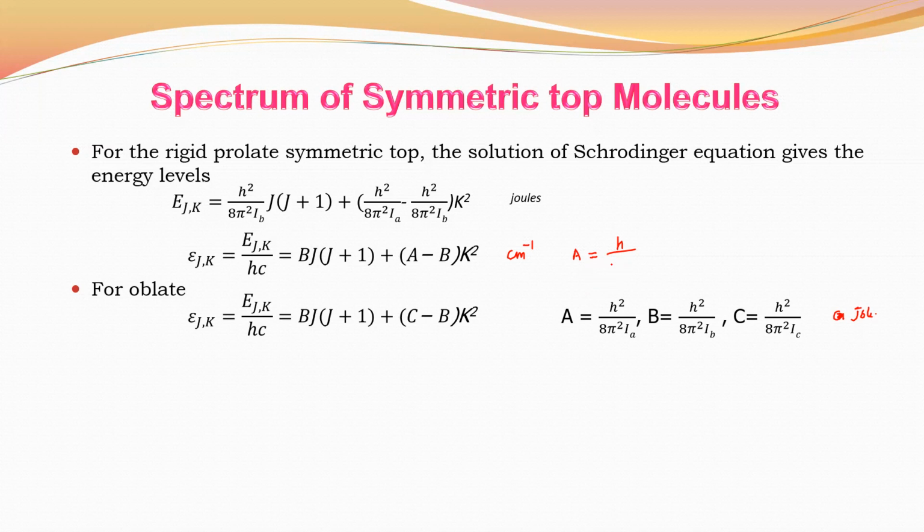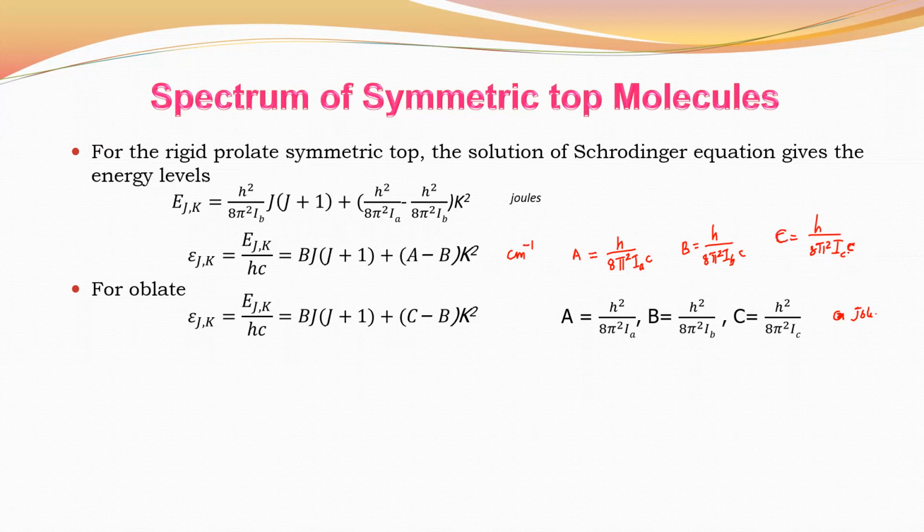Then A is equal to h divided by 8 pi square IA c, B is equal to h divided by 8 pi square IB c, and C is equal to h divided by 8 pi square IC c, where this is capital C and here it is small c.